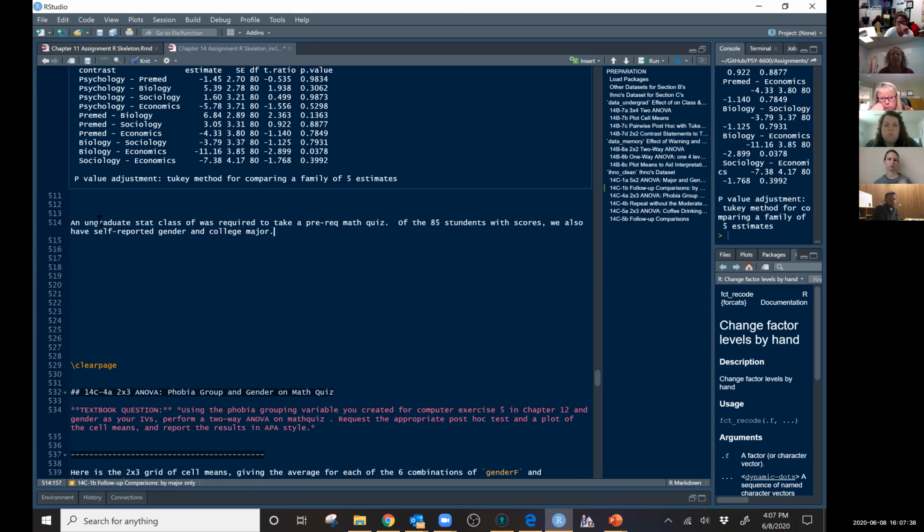Now we need to say what test we're going to run and why. What test did we run to start off with? A two-way ANOVA, right? We can call it a blank by blank. What are the numbers of factor levels?